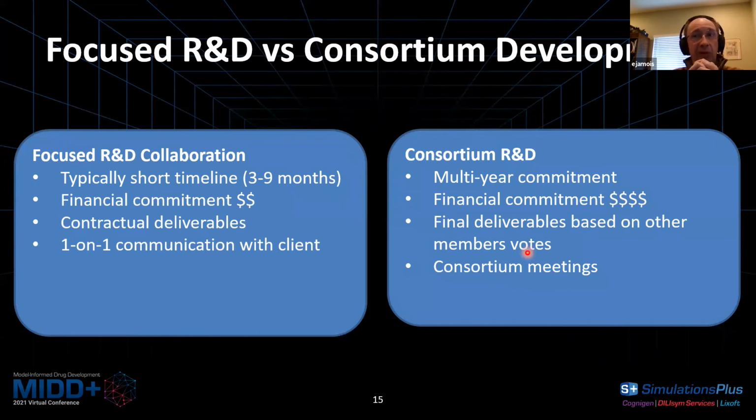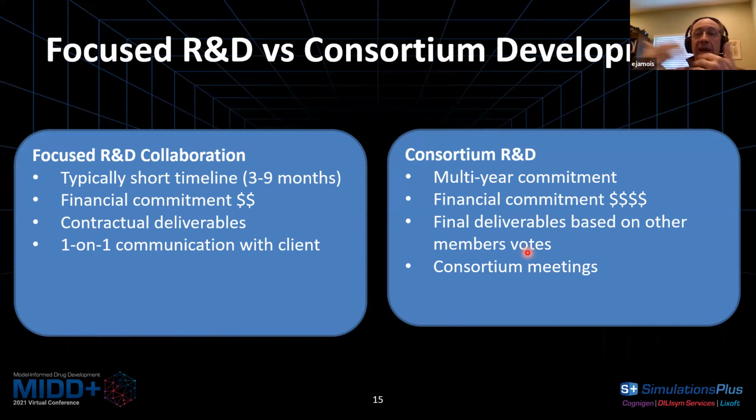I think that's one of the most important aspects: we guarantee that we will deliver these capabilities to the client, as opposed to a consortium, where even if you deem something really important, you still have to hope that other members see it the same way and that they're going to vote the same way you vote. So it is somewhat different.